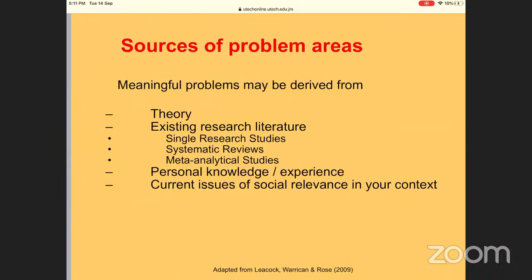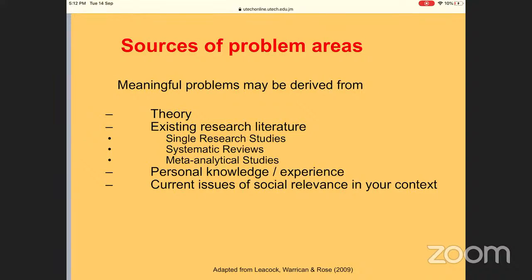As we said in previous weeks, research studies that you select come possibly from theory, from scholarly articles, individual empirical research studies, systematic reviews, meta-analytical studies, your actual experience, or what is happening around you in the context.